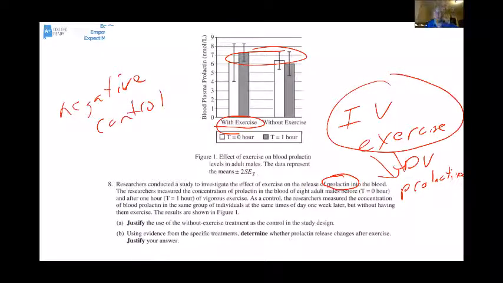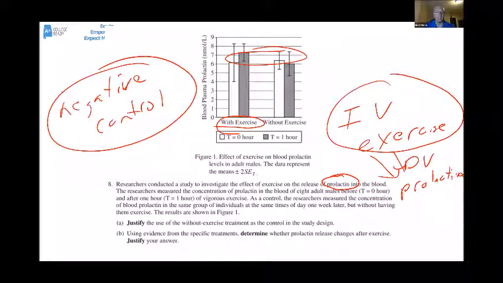When you're creating a negative control group, essentially you want everything about your subjects and treatments to be the same except for the independent variable. And typically in a negative control group, you don't expose the members of the control group to the independent variable. So this makes perfect sense. So essentially, the no exercise group is a standard negative control. You're not exposing the subjects to the independent variable, which in this case is exercise.